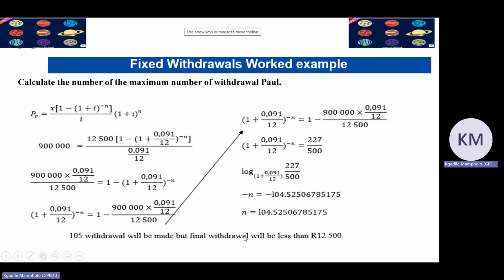So it means Paul will be in a position to make 105 withdrawals, but you'll only make 104 withdrawals of 12,500, and then the final withdrawal will be less than 12,500.